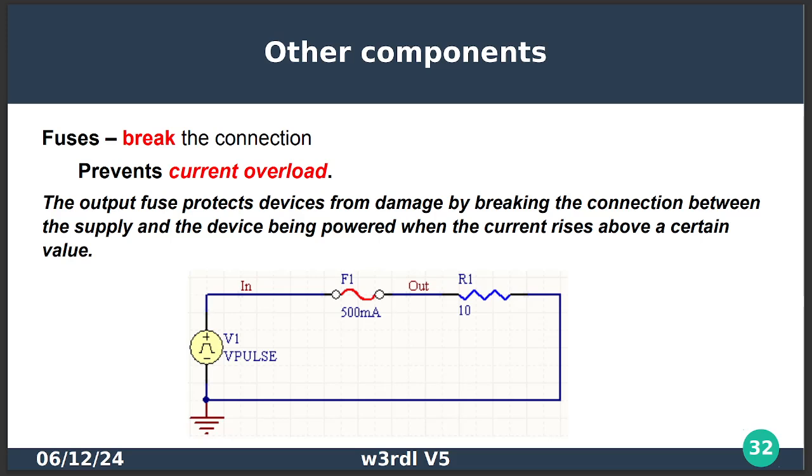And you've got a pulsing input there on V1. Current goes up in this instance. As current goes up, the voltage drop across R1, which is a fixed resistor, is going to increase. But the current through F1 is the part that's going to cause that fuse to burn out.